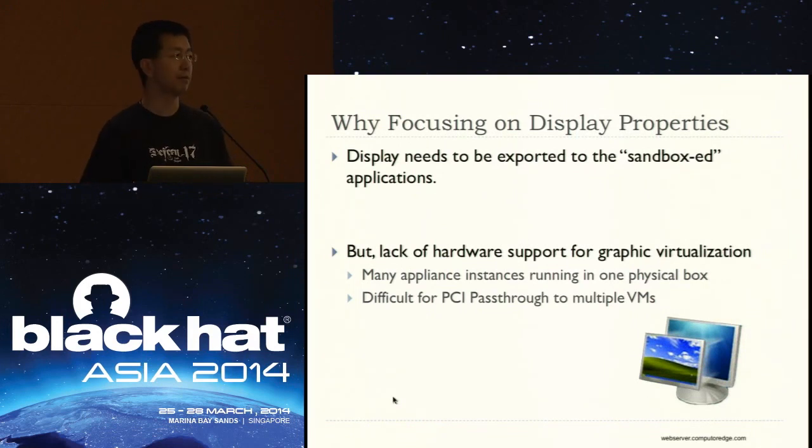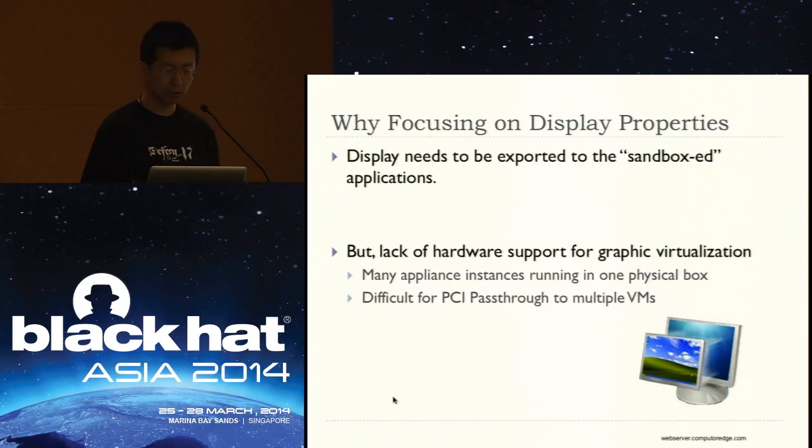And second, in terms of virtualization, the support for virtualizing the display part is actually not that advanced. For example, you can do PCI pass-through for lots of devices, like an Ethernet card, but to do PCI pass-through for video, you can do it, but you pretty much need multiple graphic cards, and then you do one for each VM.